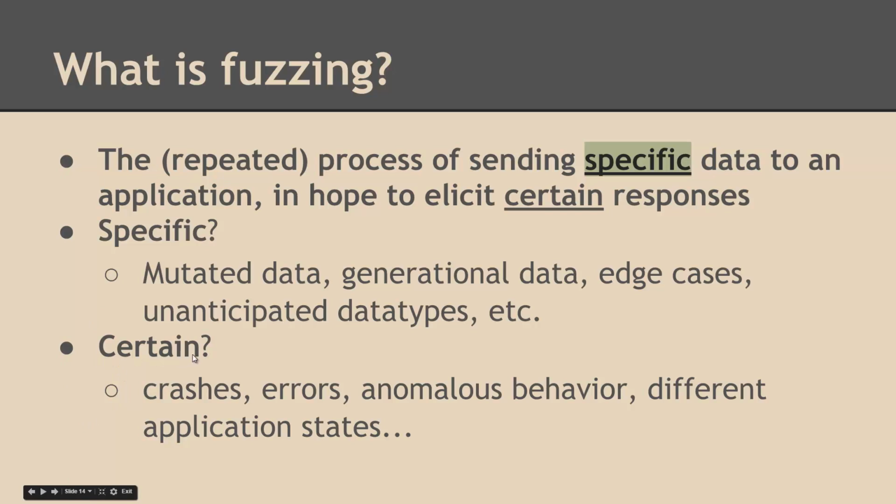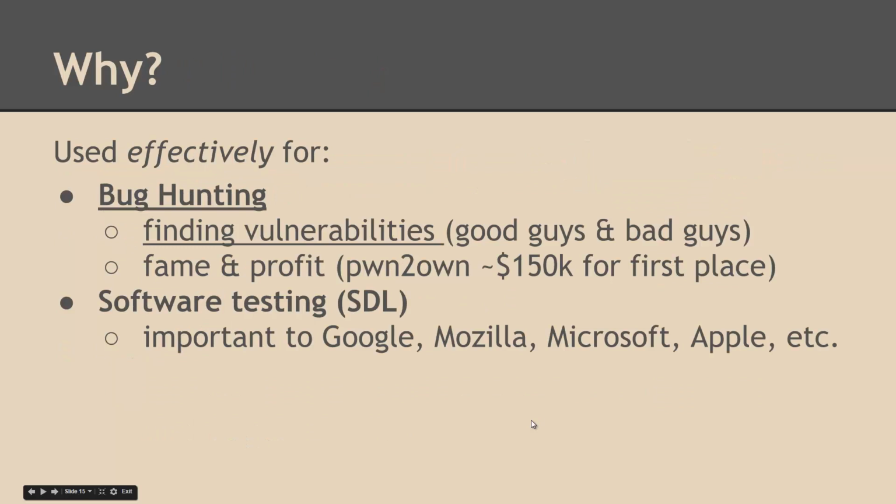Now, the certain responses primarily involve crashes or other forms of easy to catch errors. Anomalous behavior is very difficult to find, and finding invalid application state transitions is a bit more difficult as well. It requires some editing usually of the application source or infrastructure.